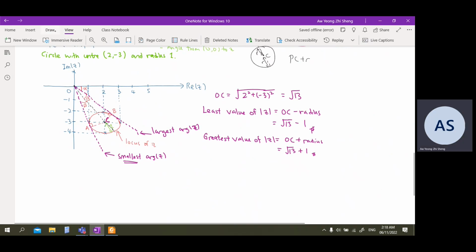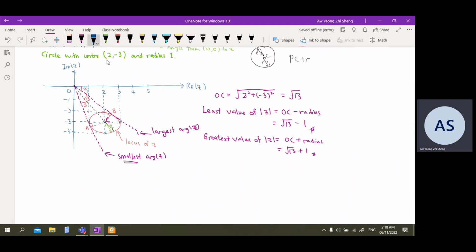Just like the previous page, we find beta first. Beta is usually easier to find. CA and CB are both radius, so I just make use of either one of these two triangles. Here I just use OAC. You can draw a separate diagram if you think it helps. AC is the radius, which we know is 1 unit.